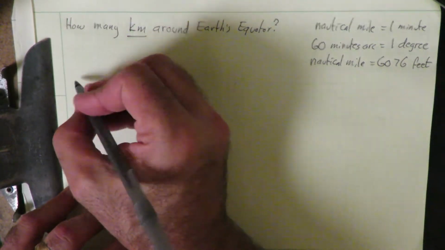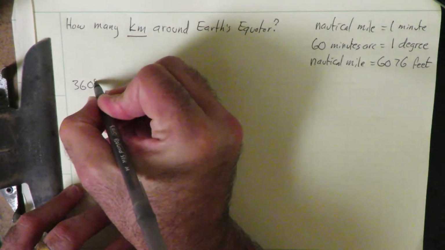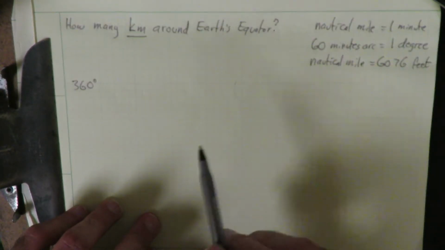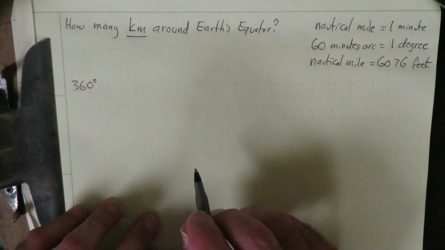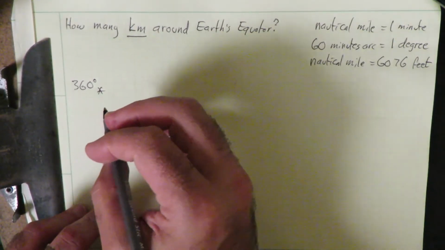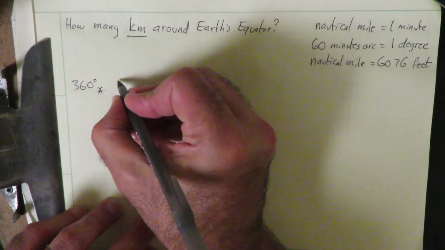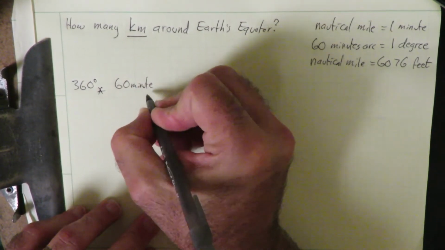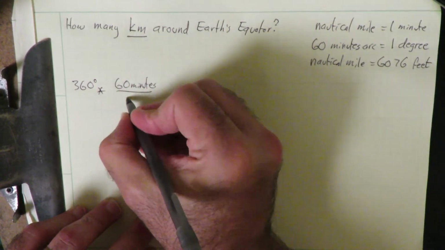So we're going to start off with 360 degrees because the Earth equator is a giant circle, and we have divided into 360 degrees of latitude and longitude. And each degree is divided into 60 minutes. 60 minutes per 1 degree.